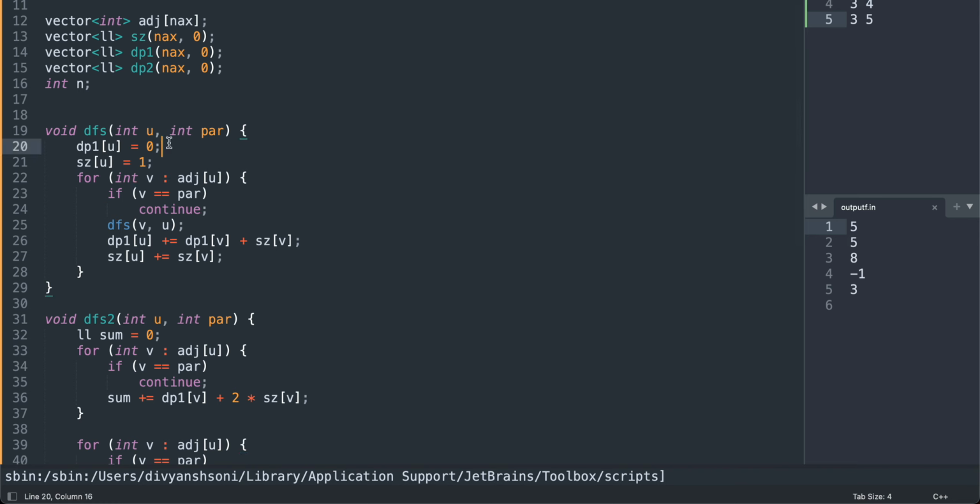But if I have to calculate size only, so size is 1, then call this, then size of u. Okay, with this size is calculated and with this dp is calculated.